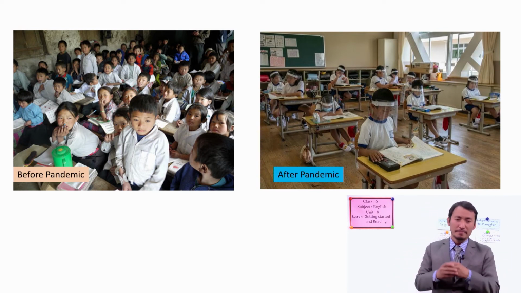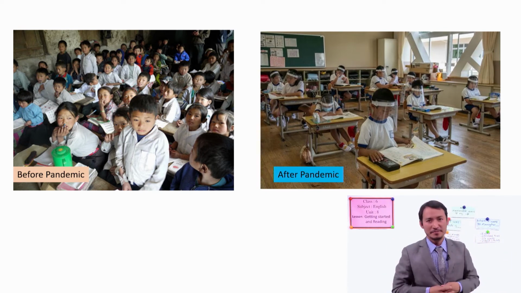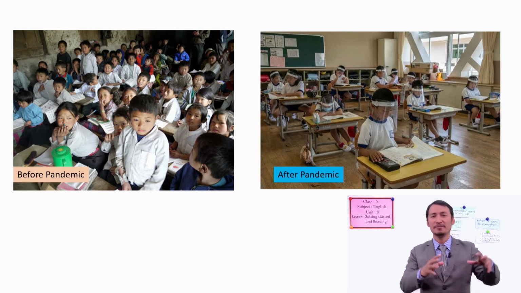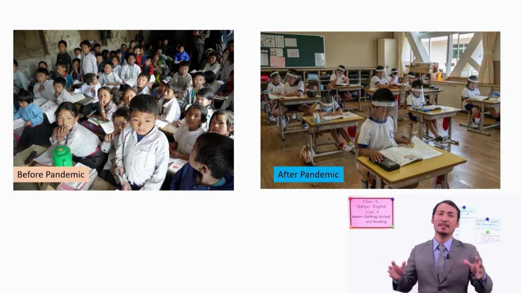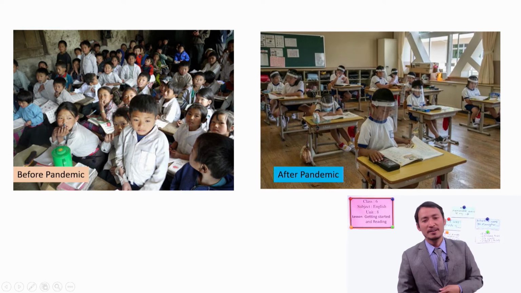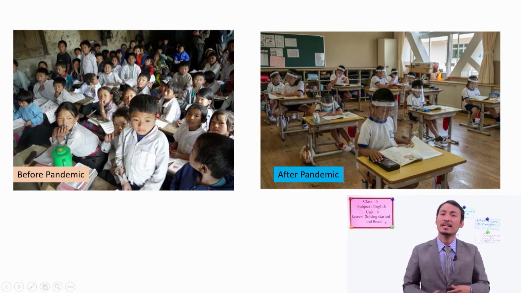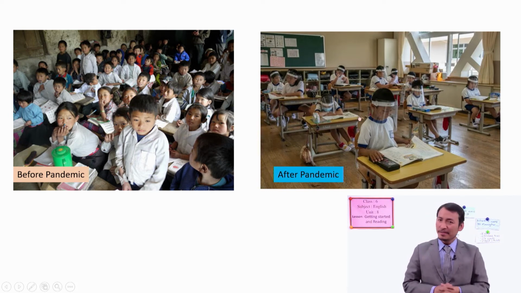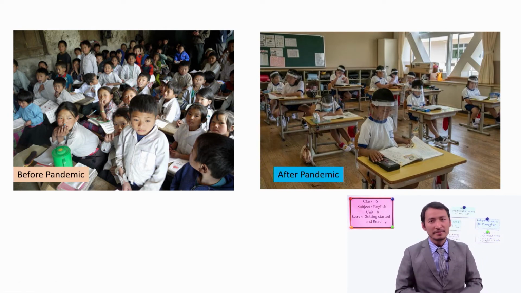Previously, before the pandemic, we were not worried about our friends or the crowd. We were not afraid of the crowd. We were open. We didn't use masks. Look at these students like you. They are not using masks. Now look at this other present situation like yours.